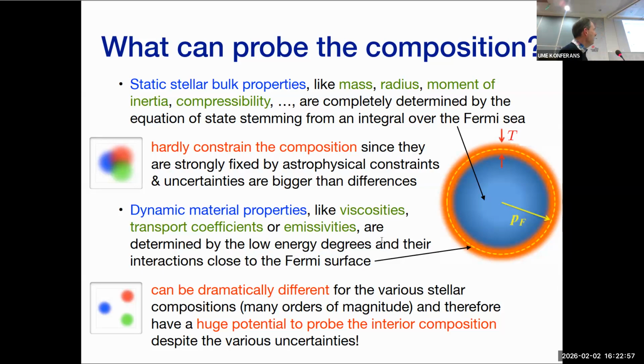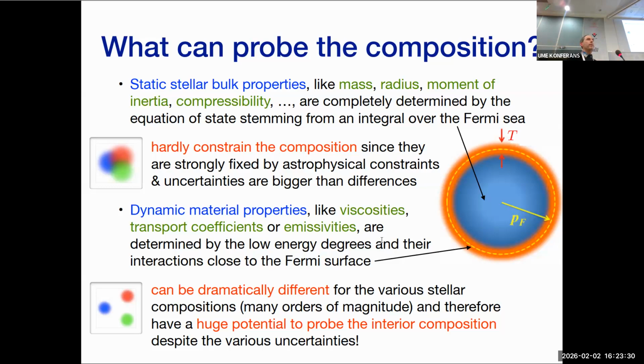On the other hand, there are dynamic material properties. If you perturb the system, slightly bring it out of equilibrium, and ask what happens, these are things like viscosities, transport coefficients, emissivities. While the equation of state is basically an integral over the entire Fermi sea, these dynamical material properties would be zero if you had a perfect Fermi gas at zero temperature.